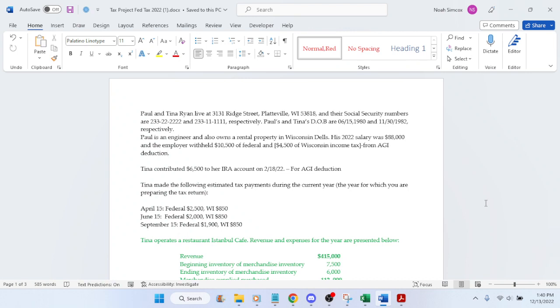That's the Wisconsin one. 2,500 plus 2,000 plus 1,900. So we have 2,500, 2,000, and 1,900. So we have calculated the prepayment of those to be $6,400.